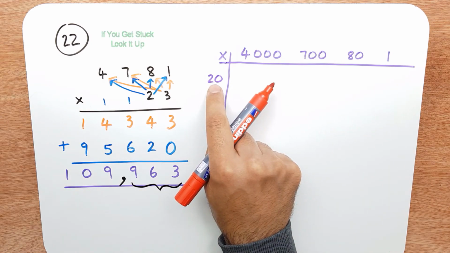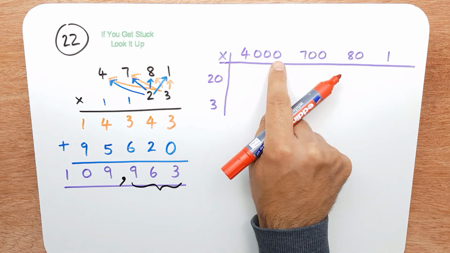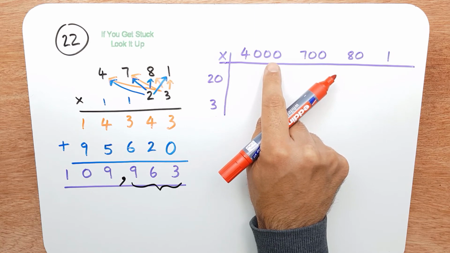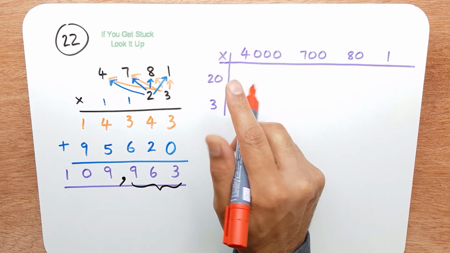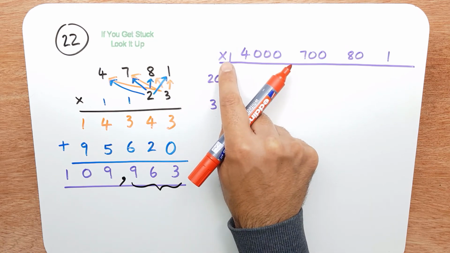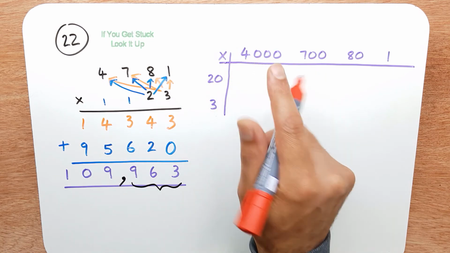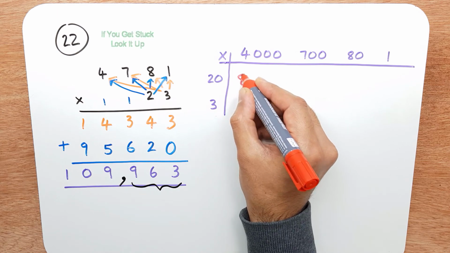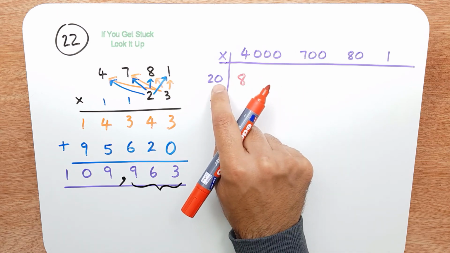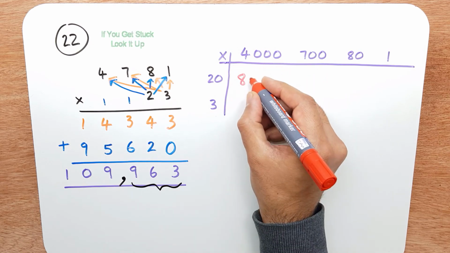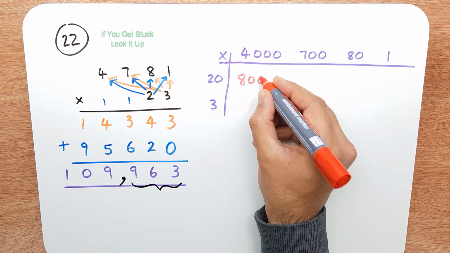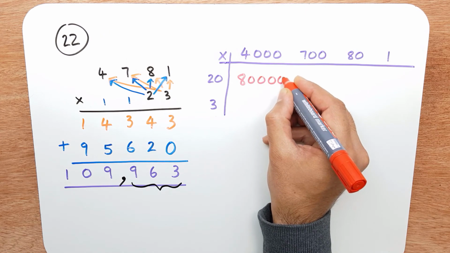So we've got 20 times 4,000. And a quick way of doing this is to hide the zeros and simply do 2 times 4. And 2 times 4 is 8. Now carefully I return 1, 2, 3, 4 zeros.